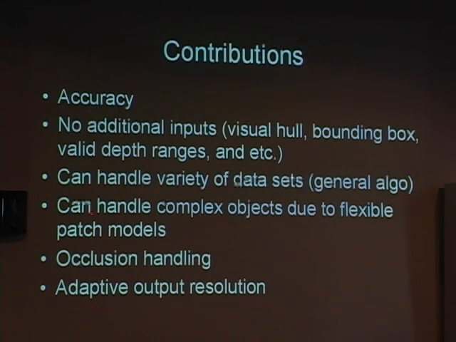The other advantage is using a patch-based model, because there's no regularization or smoothness, so we can handle complicated structures like a deep concavity. Another thing is occlusion handling. This is just one simple trick, but we can handle pedestrians in front of the building, etc. This is the difference from the others.